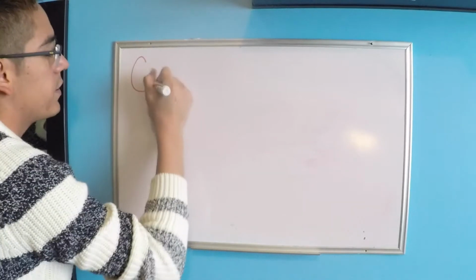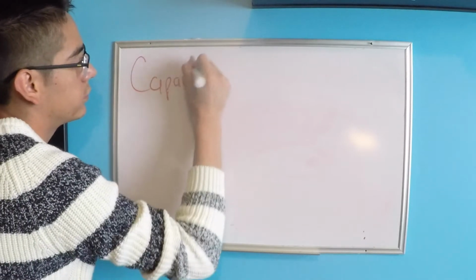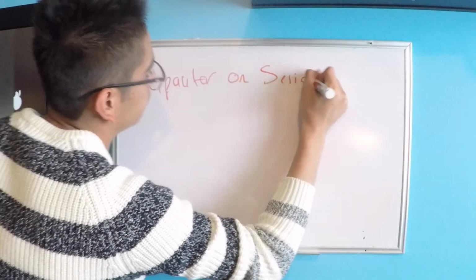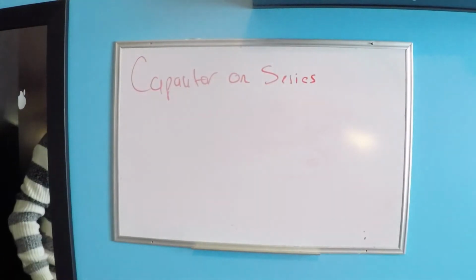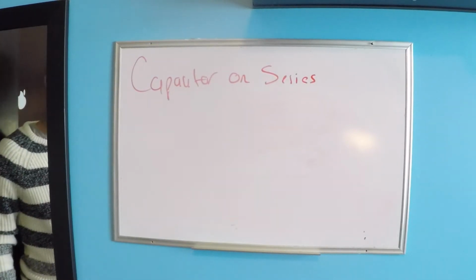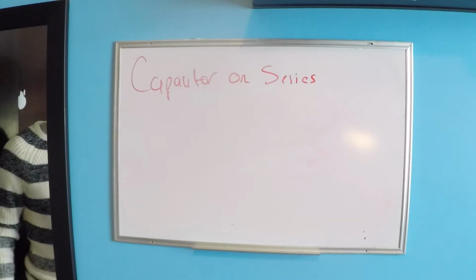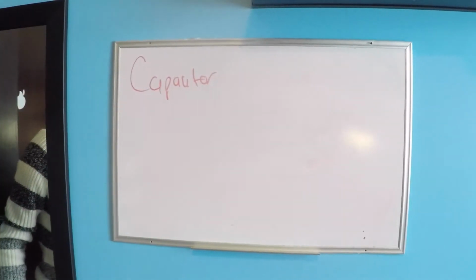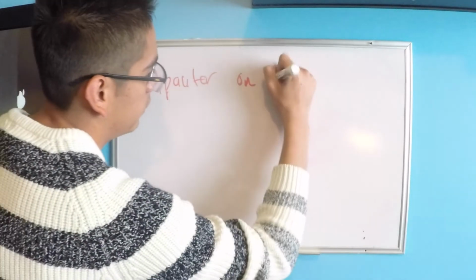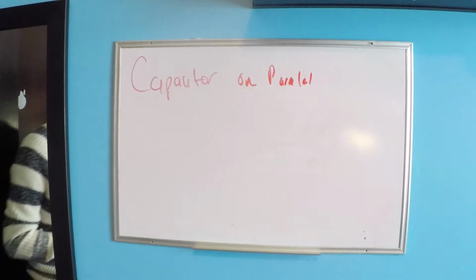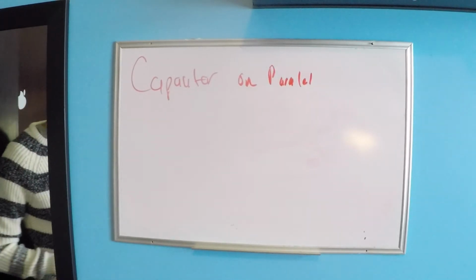What happened next? Well, we have a series of capacitors, a capacitor in series. You know what? We're going to make first the capacitors in parallel, just to better understand everything in little pieces.